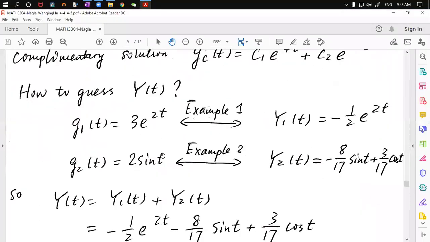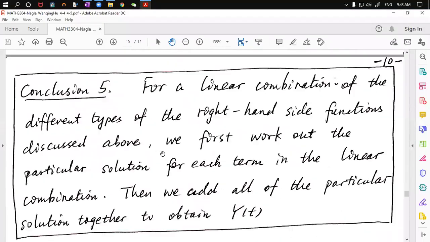So that's an idea that we're going to call divide and conquer. It says that if you have a linear combination of different types of right-hand side functions, then you should work out the particular solution for each term in the linear combination, and then combine all of them to obtain your solution.